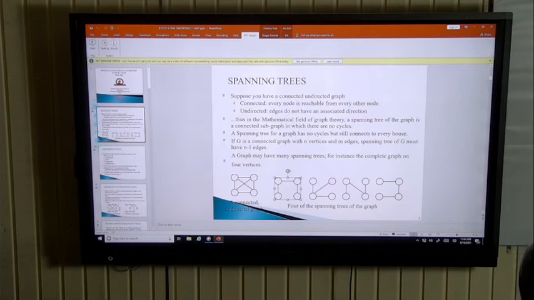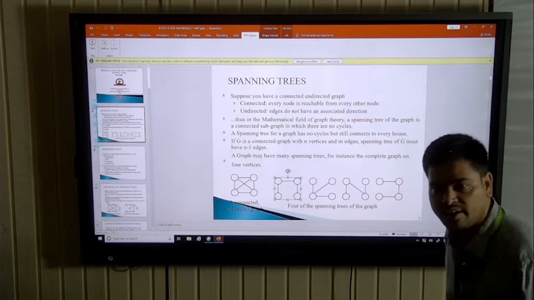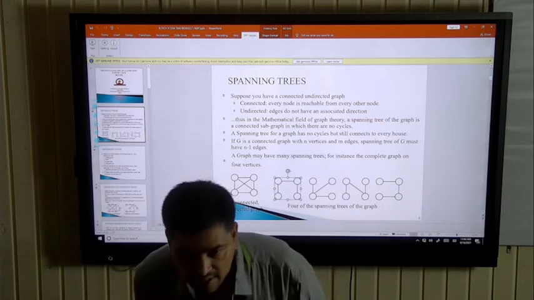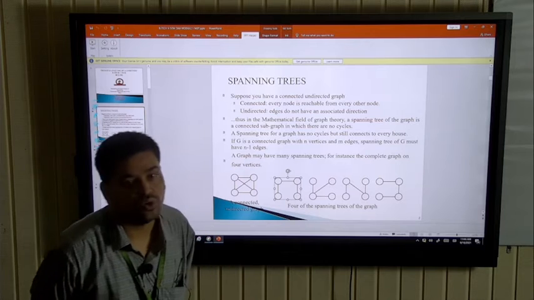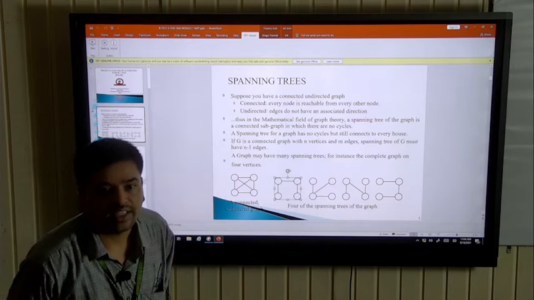In a connected undirected graph, we break the cycle and convert the graph to a tree, and that tree is called a spanning tree.